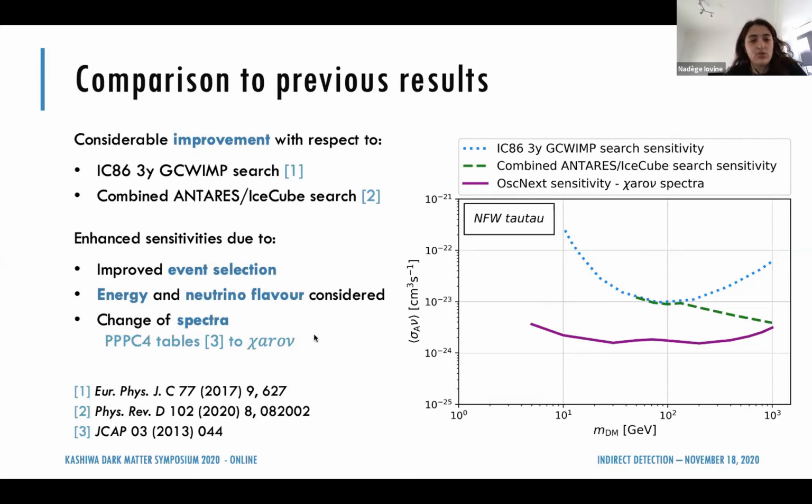Lastly, we also switched the spectra used. So now we are using the Charon spectra, and the combined limit, for example, was obtained with the PPC4 tables.